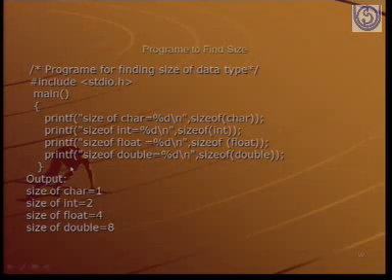For example, if you want to check long, you can put long here, then you will get the size of the long data type in C. So this is a program to put you into practice for finding out the size of different data types in the C language.